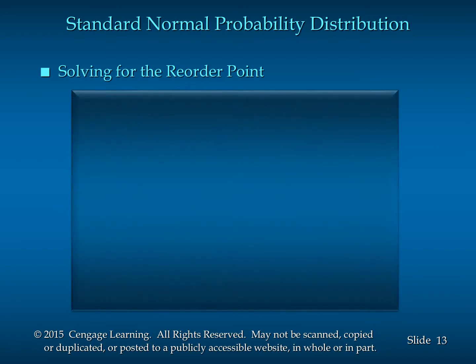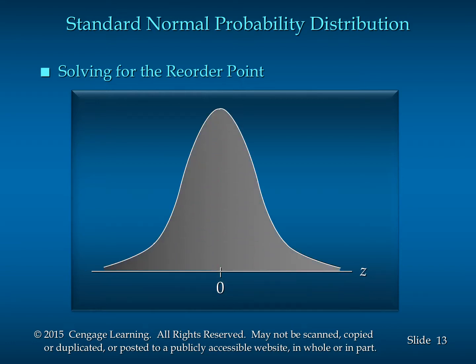Looking at this diagram, we want the z-value that corresponds to 0.05 probability to the right, which is equivalent to the z-value with 0.95 probability to the left.